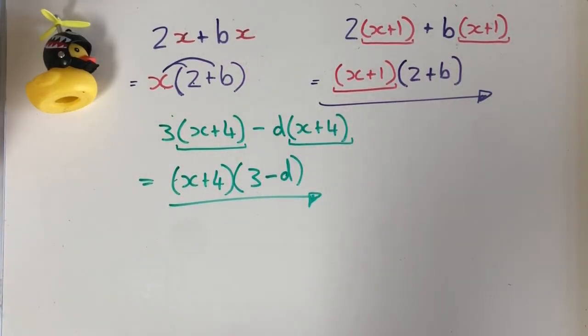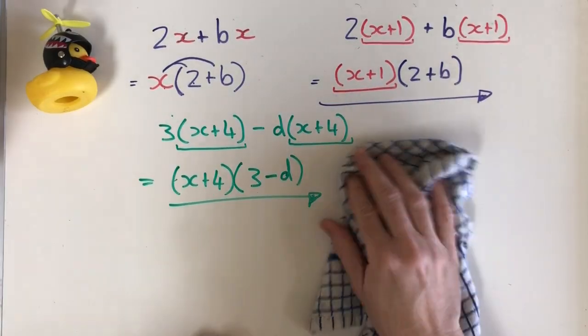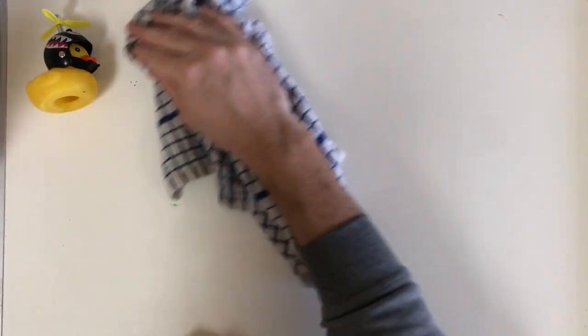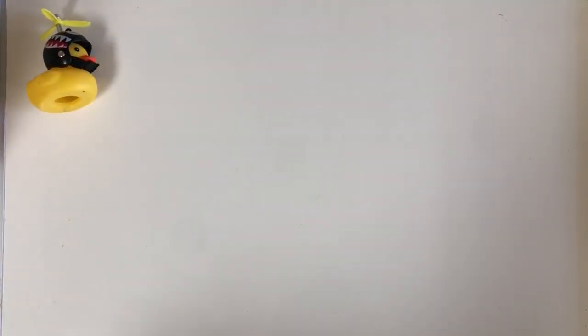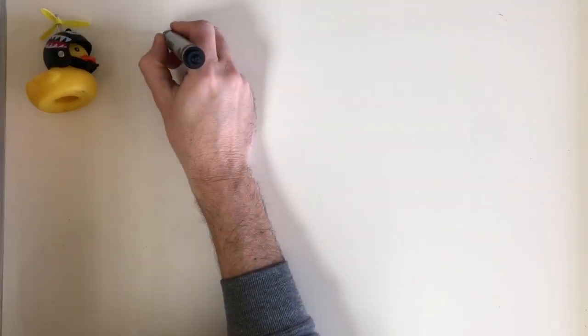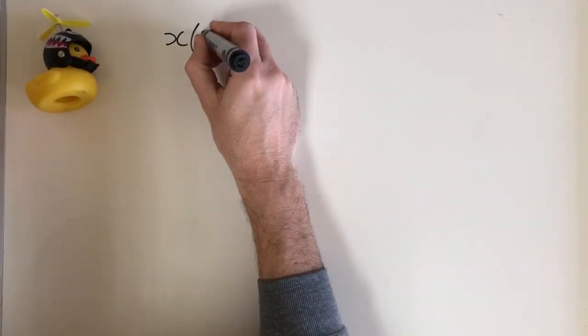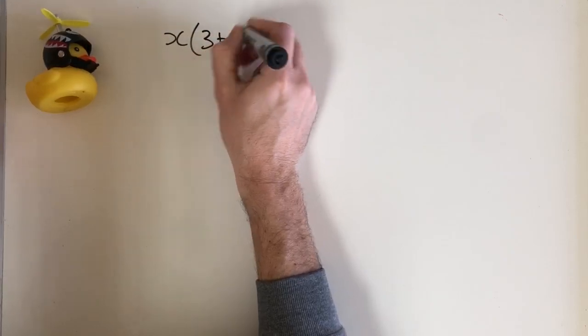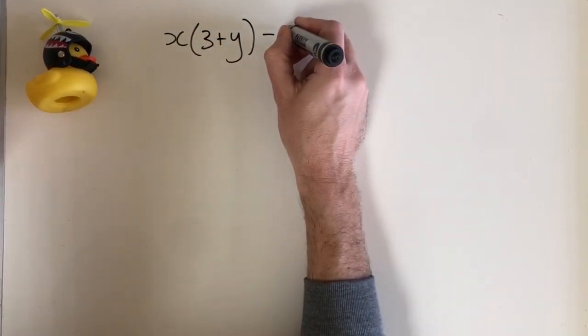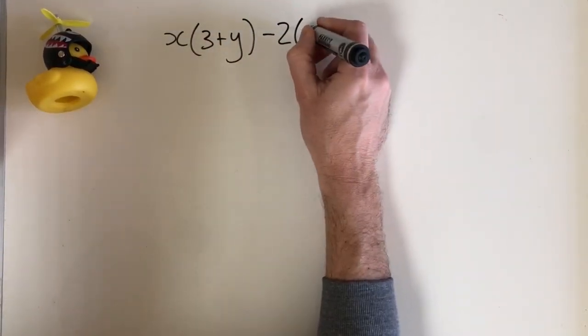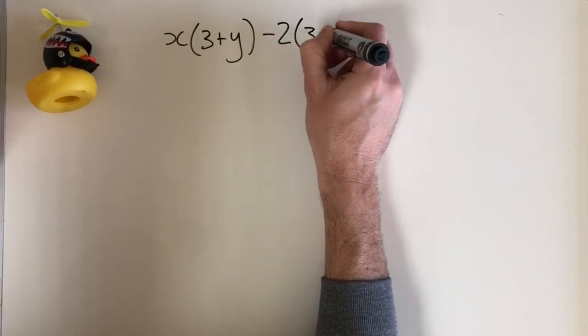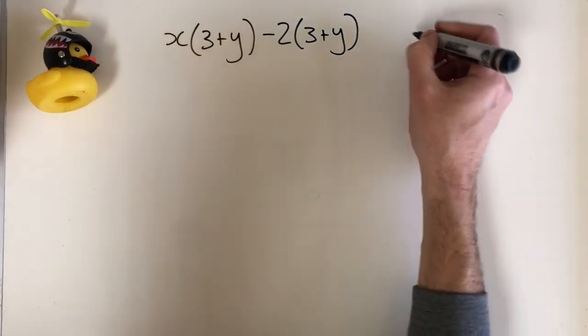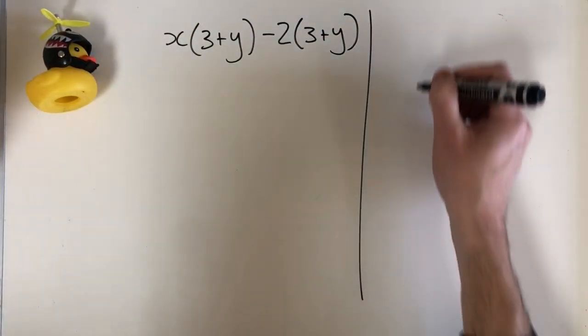Okay, let's do one or two more examples. You can pause the video and try it on your own, but I'll just write them here and then you can look at them. Let's do a different color. Let's do x times 3 plus y, minus 2 times 3 plus y, and we can do another example here.